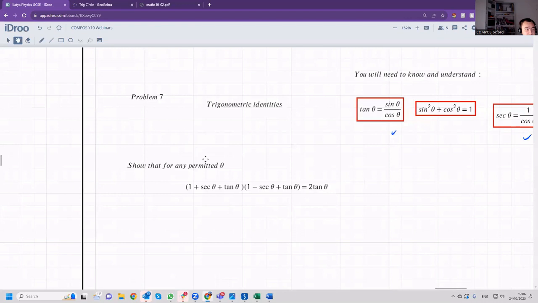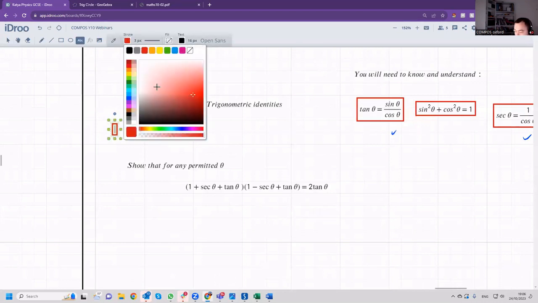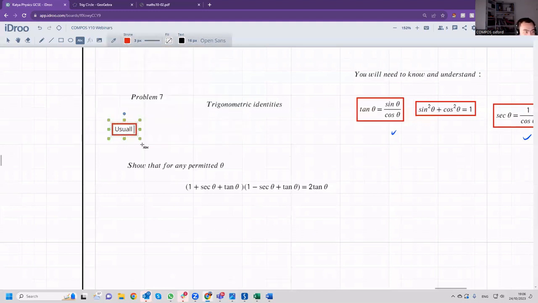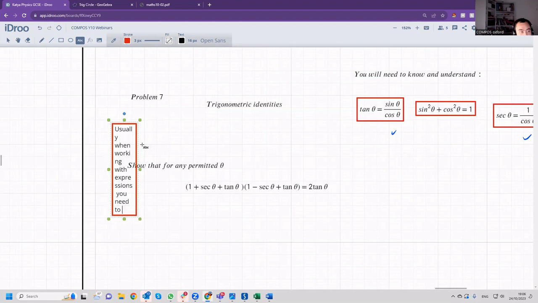So usually with expressions, you need to break down into sine and cos.